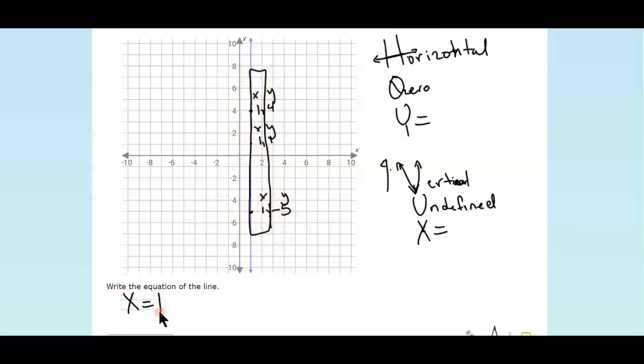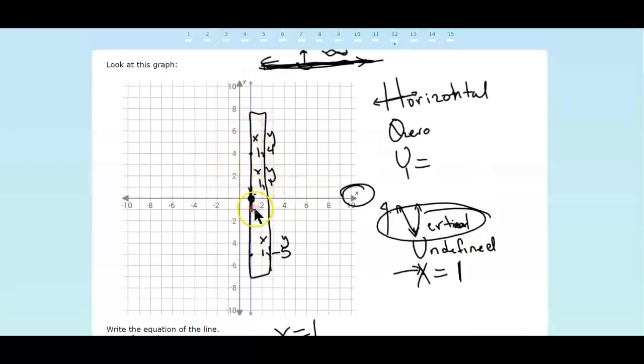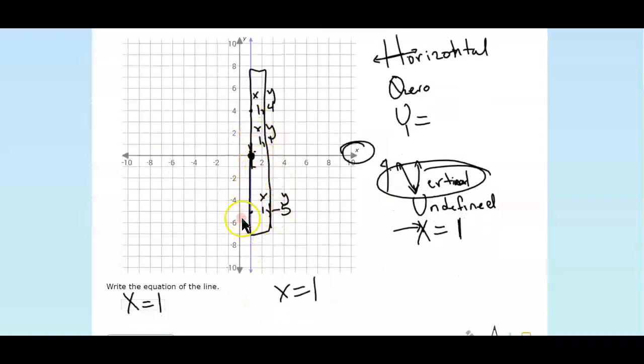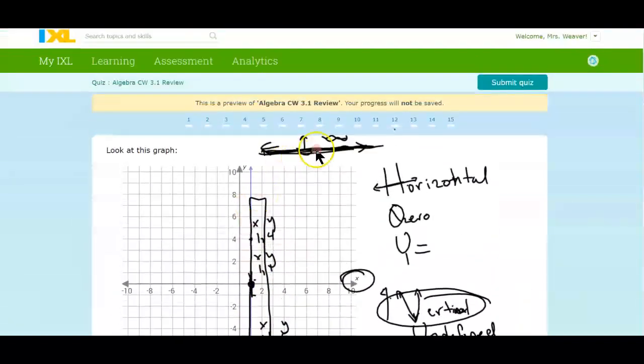Could also say that this is the line that passes through the x-axis at x equals 1. We could say it is a vertical line that passes through x equals 1. So that's several different ways to look at this line and recognize it is a vertical line that could be described as all of the points that have a value of x equals 1.